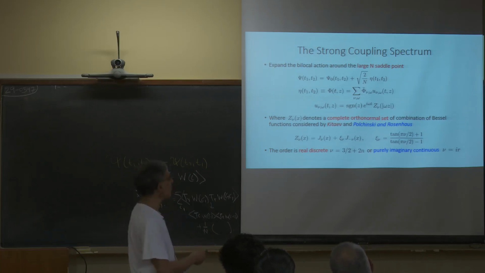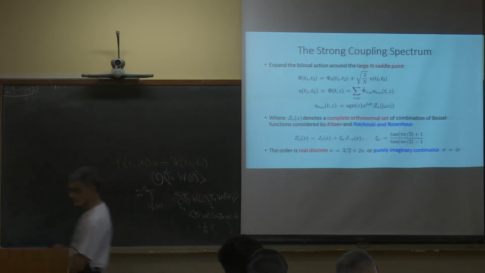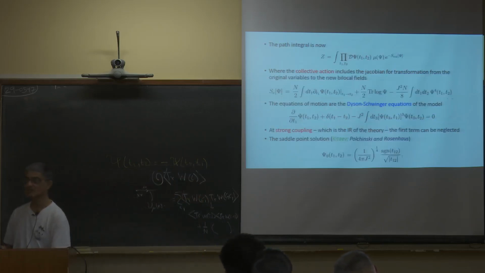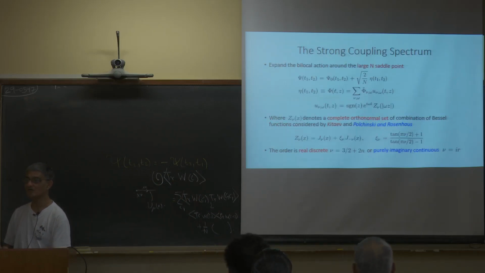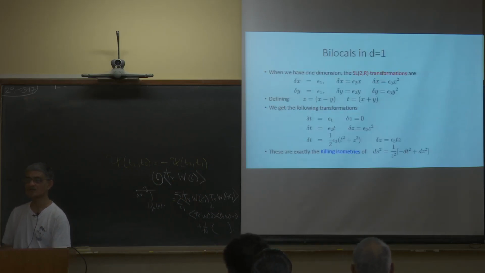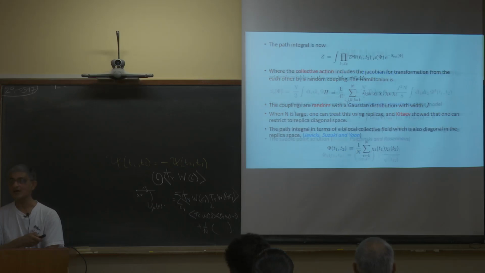The suitable modes are a Fourier mode in time and a function of the other coordinate z. This coordinate z, remember, is something which I invented. This is the relative t1 minus t2 if you wish. I have written x and y, and time is the average.